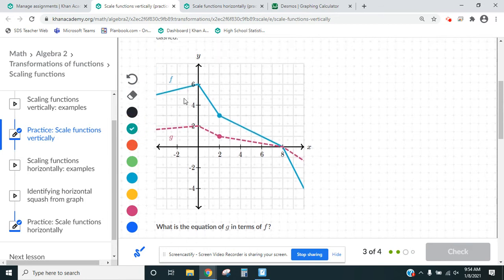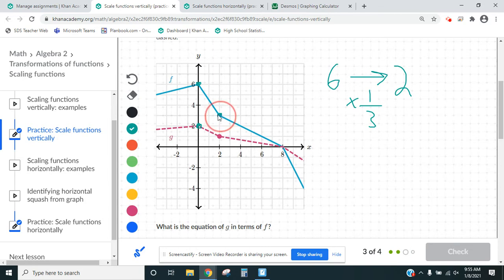So if we started at F, which had a point at 6, and now it's at 2, when I go from 6 to 2, what do I multiply by? You're thinking divide in your head, right? You're thinking, oh, you divide by 3. So how can we express that? Yeah, so this is like times 1/3. Very good. All right, so even though it's divided by 3, we have to express it as a fraction.